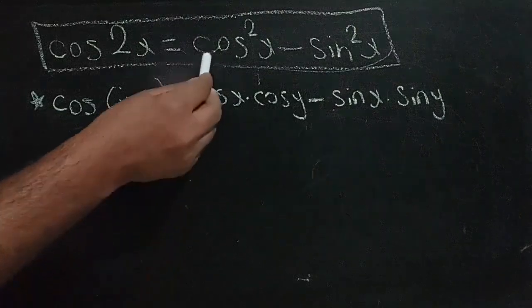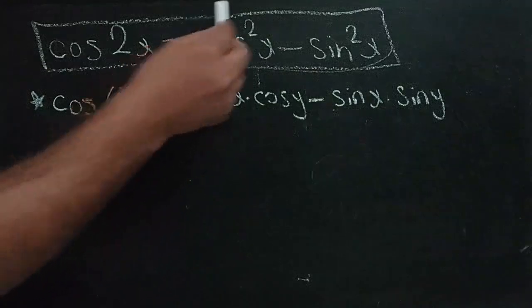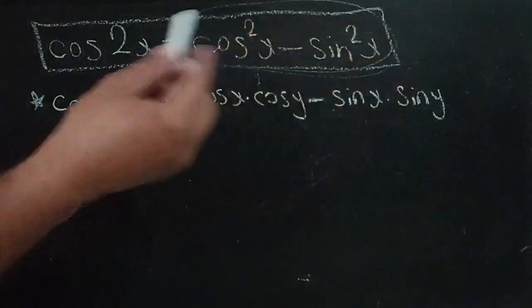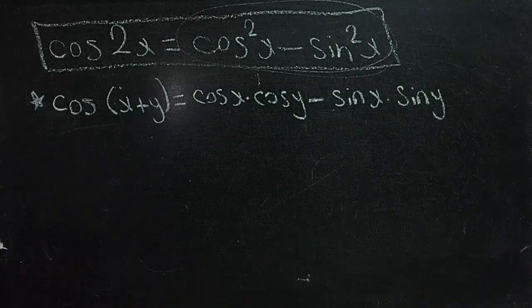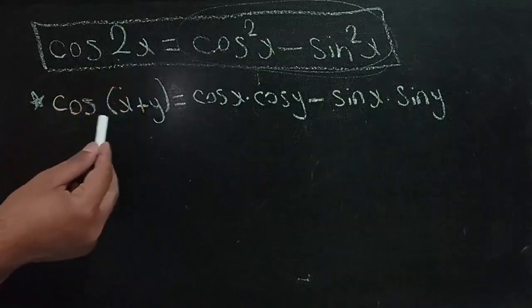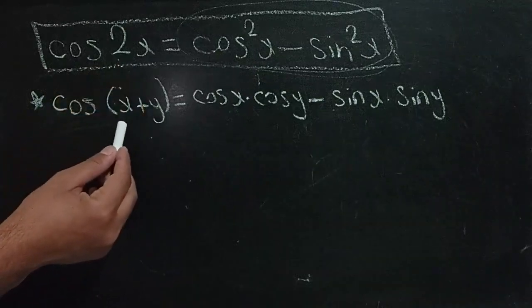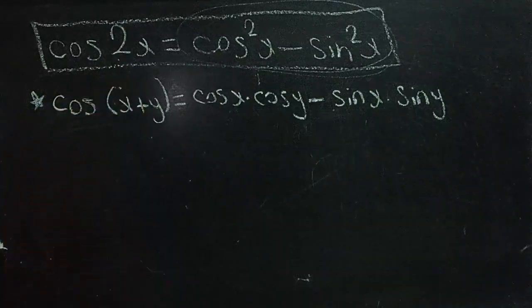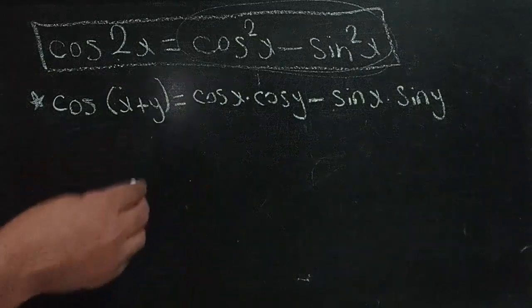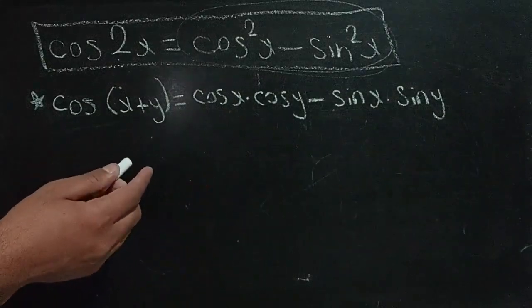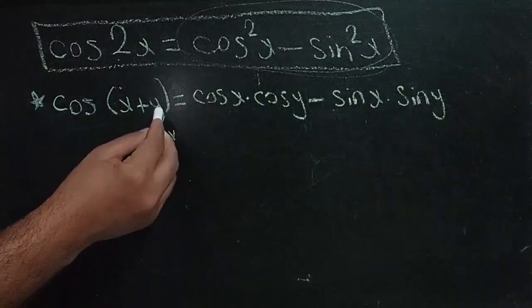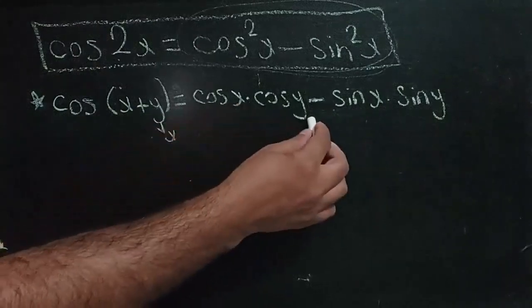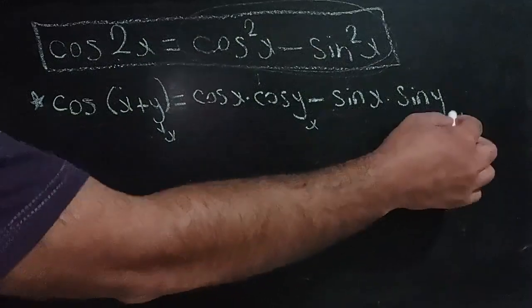But I told you I'm going to explain the proof of the first one for you, and then you can try to prove the other 2 of them. So to prove that one, you are going to use this compound angle identity. Now the same thing I did for the sinus 2x, I will do there too. Just write x instead of y, there too and there too.